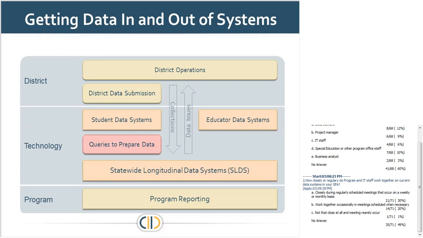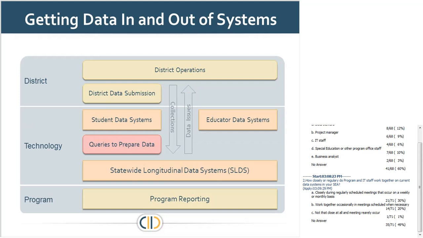So my last slide is about getting data in and out of the systems. And I'd like to share what we have recently discovered or kind of come to the realization of that would help us move data in and out of our system a little bit easier. Right now, we have our district operations. Folks out in the districts are doing their work.